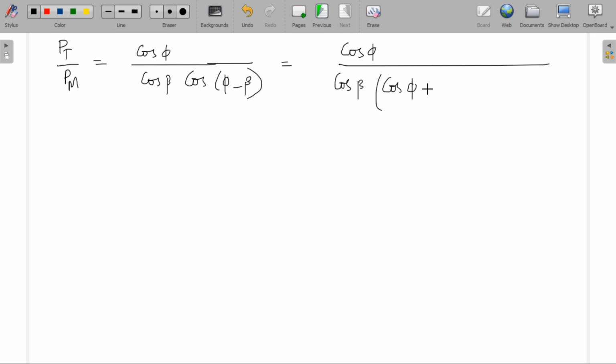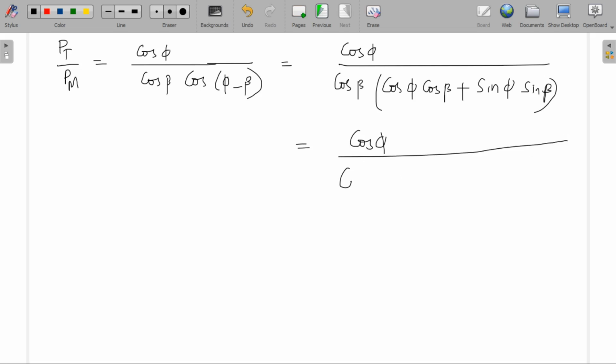Bringing the common terms out, we get cos square beta cos phi into 1 plus tan phi tan beta.